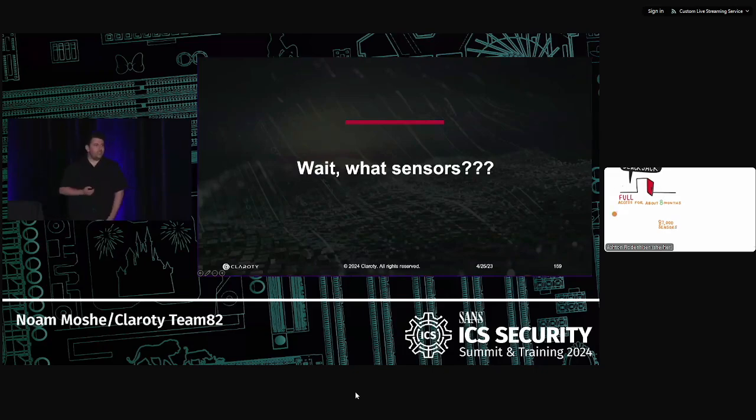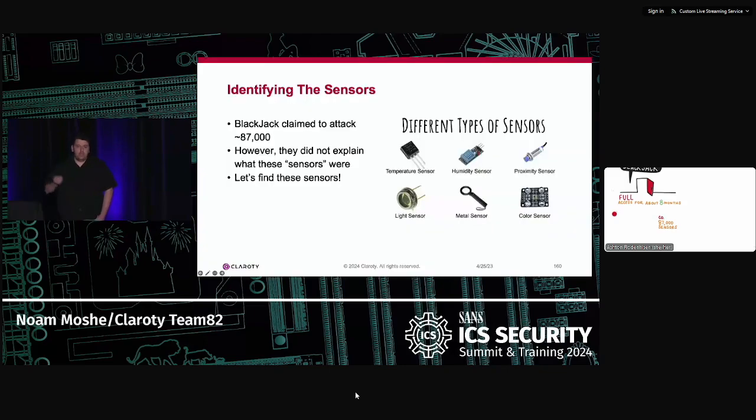You see, we don't have a lot of information, and sadly enough, there are many types of sensors. Our job and our beginning into this research was: what sensors were attacked, and how? So let's find and identify these sensors and try to understand what actually occurred during this attack.